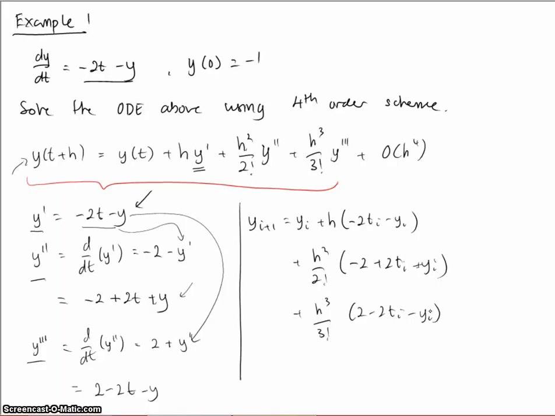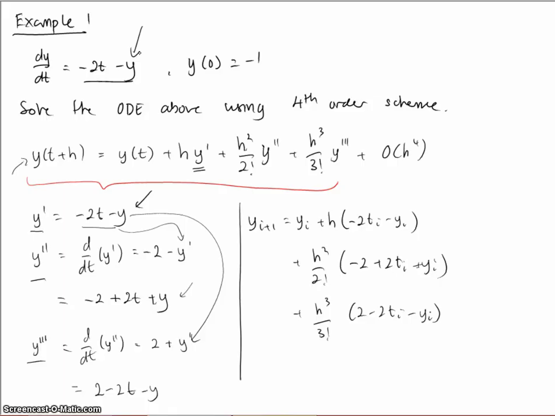So theoretically, you can include higher order terms to improve the accuracy of the solution, but there is a problem. First of all, you must derive y double prime, y triple prime, and all the higher order terms depending on how accurate you want it to be. This can be problematic if the expression on the right-hand side is very complicated, because trying to differentiate it is going to be a problem.